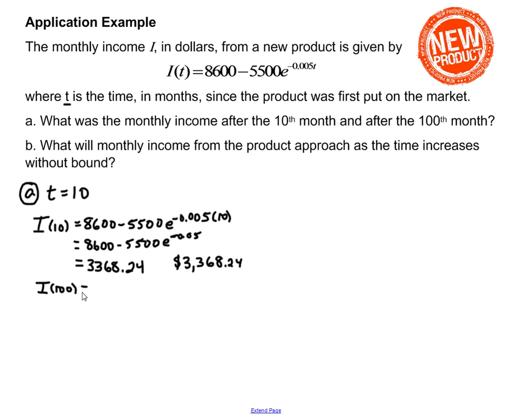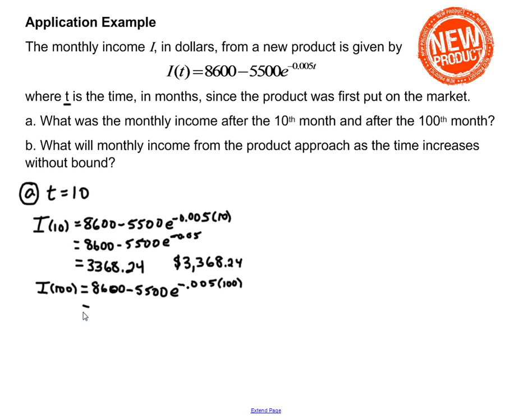What would happen to this particular thing? We'd expect that income to be 8,600, according to this model, minus 5,500 times e to the negative 0.005 times 100 this time. And of course, multiplying by a factor of 10 is going to move that decimal over to the right.